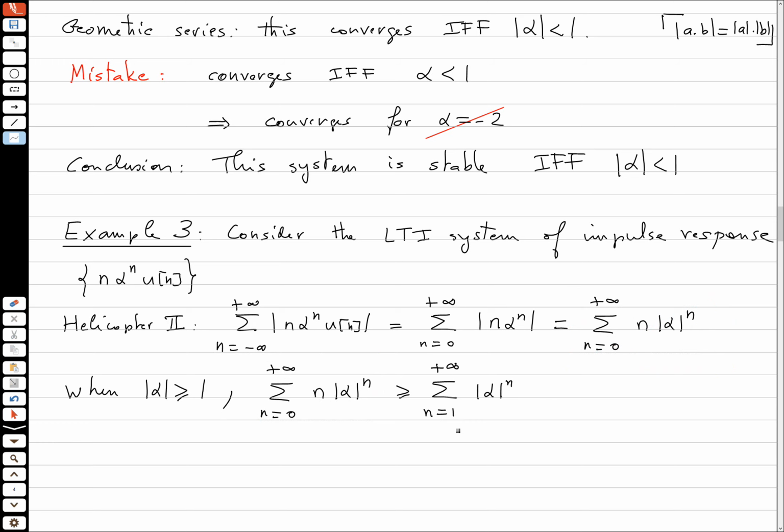I have to start from 1 because at 0 there's nothing here. Okay, but we know this blows up. So in fact, this blows up even faster than this. So what I'm saying is that in this case, the system is even more unstable than the previous one. Okay, that's the clear situation. So S is not stable.